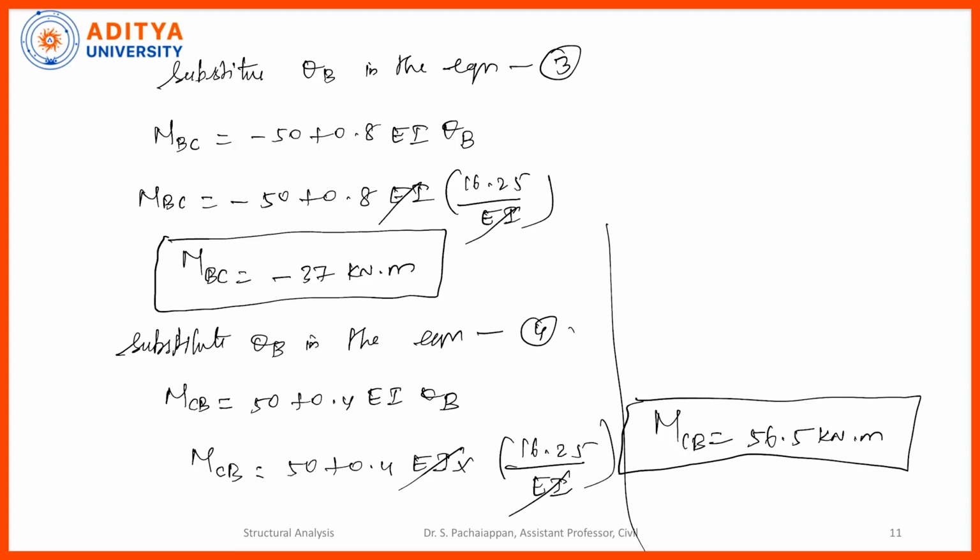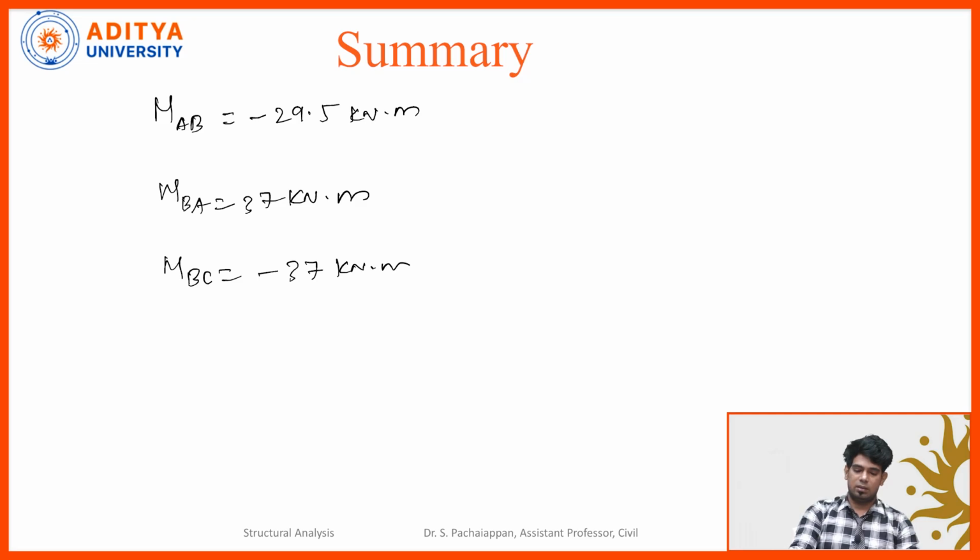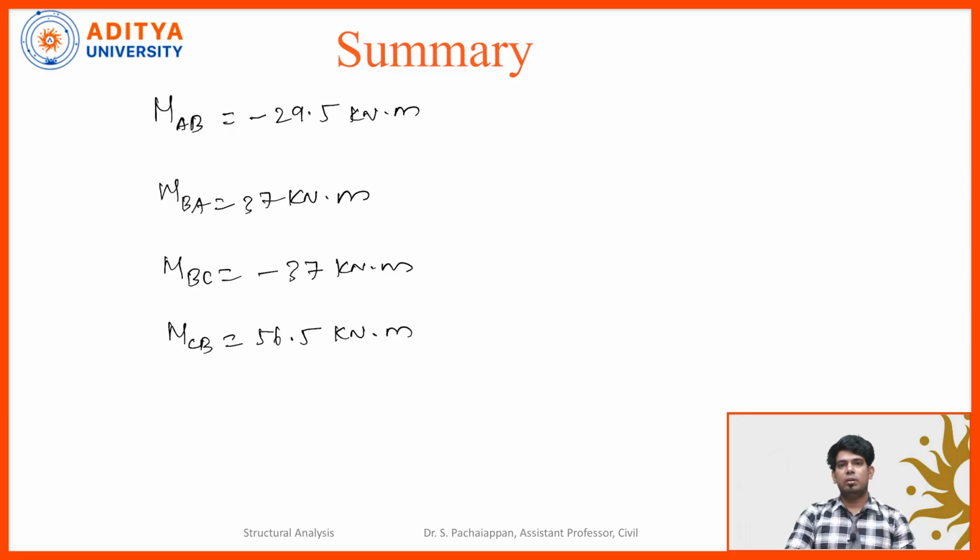So, we got all the values. Let us write all the values here. MAB is equal to minus 29.5 kilonewton meter, MBA equal to 37 kilonewton meter, MBC is equal to minus 37 kilonewton meter, and MCB is equal to 56.5 kilonewton meter.